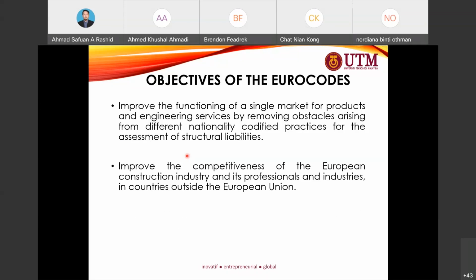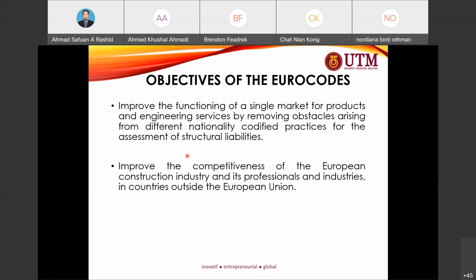So as we know, previously the United Kingdom was part of the EU. So in that context, the UK started to implement the Eurocodes in their design.